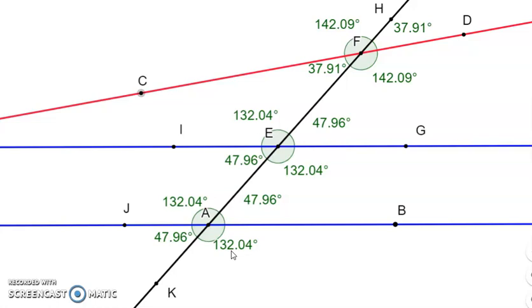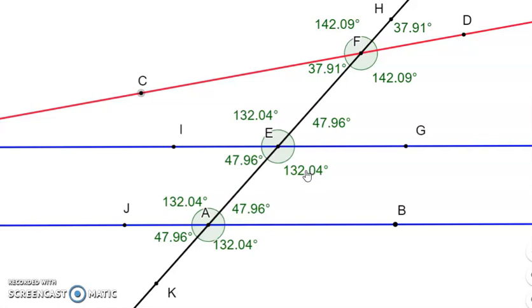Those are alternate exterior angles. How about the alternate interiors? 47.96 IEA, 47.96 BAE, excuse me. Alternate interiors are also congruent.